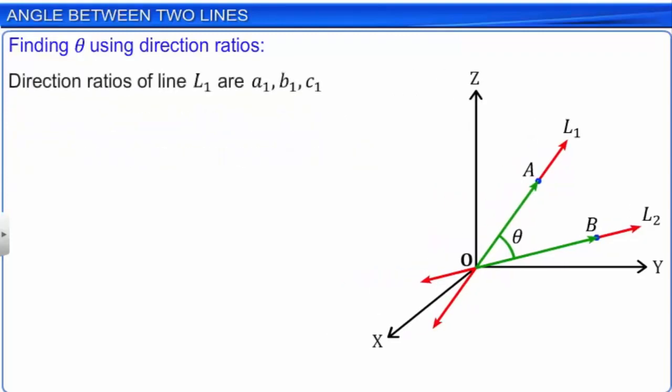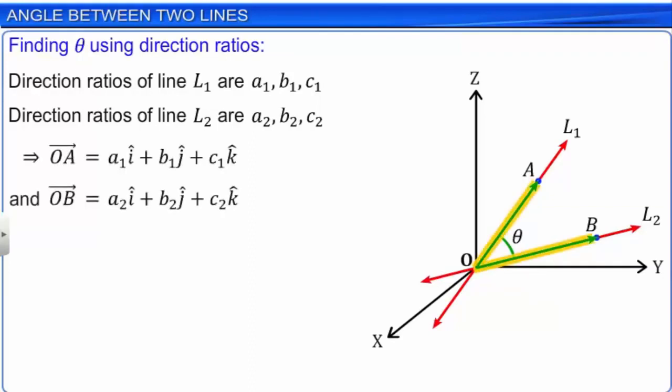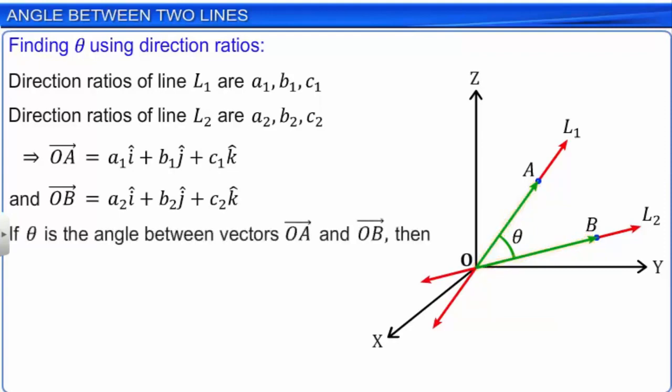Let A1, B1, C1, and A2, B2, C2 be the direction ratios of lines L1 and L2 respectively. Thus vectors OA and OB can be written in component form as shown. We know that the cosine of angle theta between 2 vectors is given by their dot product divided by the product of their magnitudes.